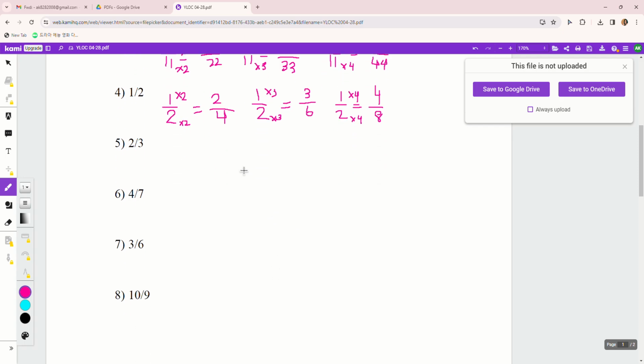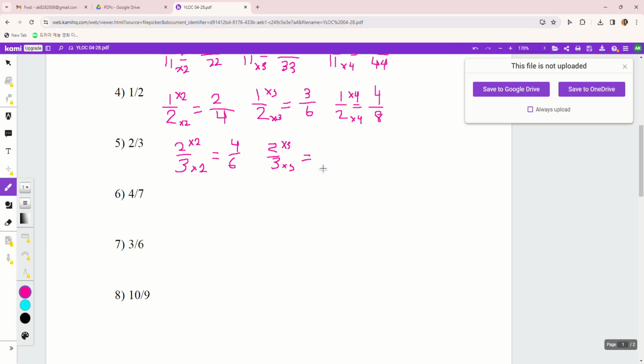Next is 2/3. So 2 times 2 is 4, and 3 times 2 is 6. So it's also equivalent to 4/6. And you could also multiply it by 3 to each side.